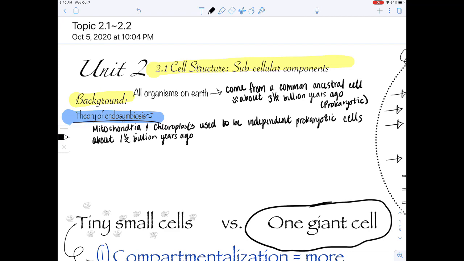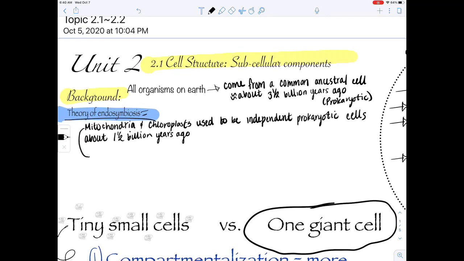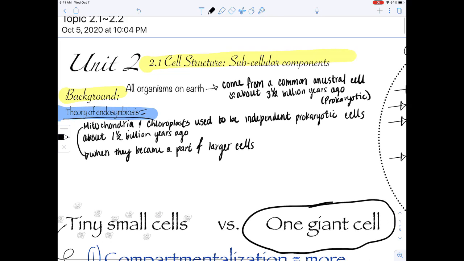Now, throughout this unit, when we look at our components and our structure, we are going to come back to this theory, and we need to be able to state the evidence that supports this theory.